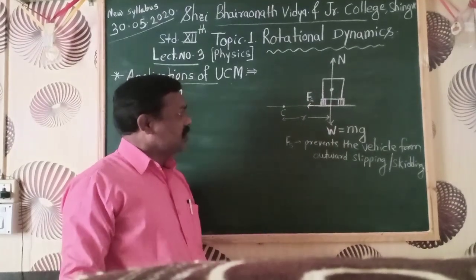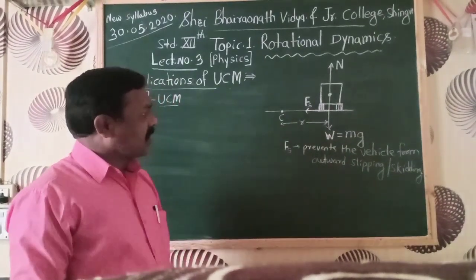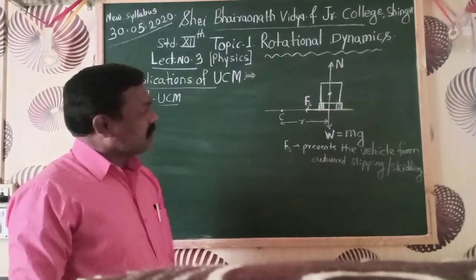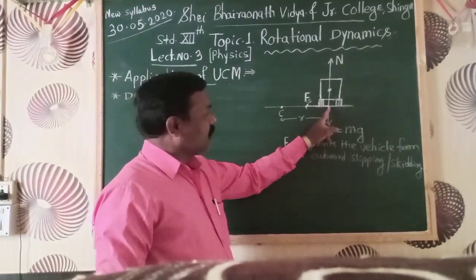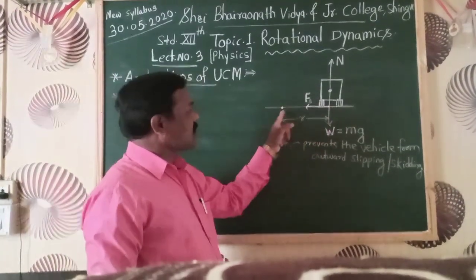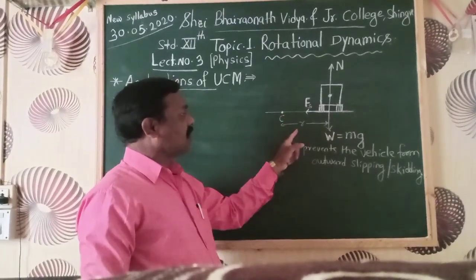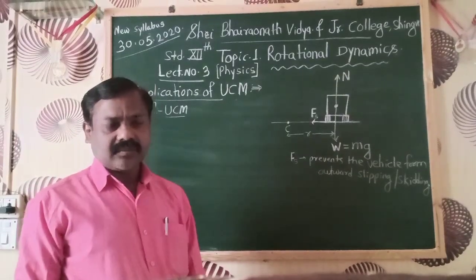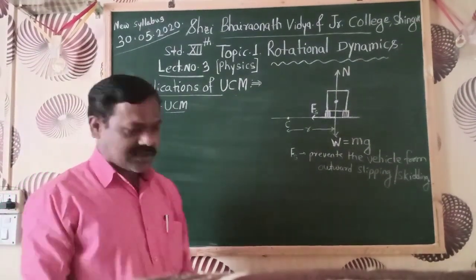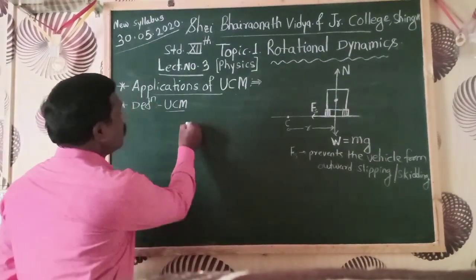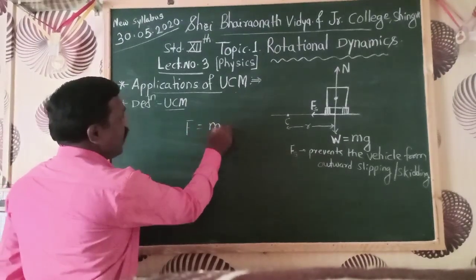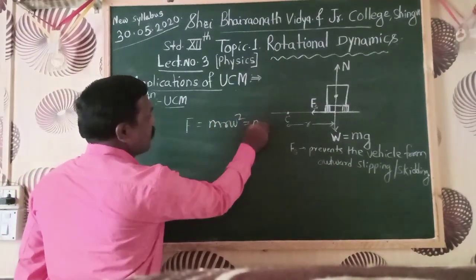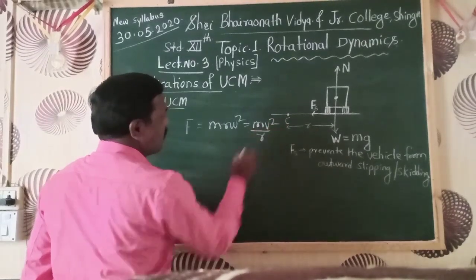Here the force of static friction acquired along the vehicle, directed towards the center of the circle along the radius, acts as the centripetal force. We already know that the centripetal force F equals m r omega square, or is equal to m v square by r.